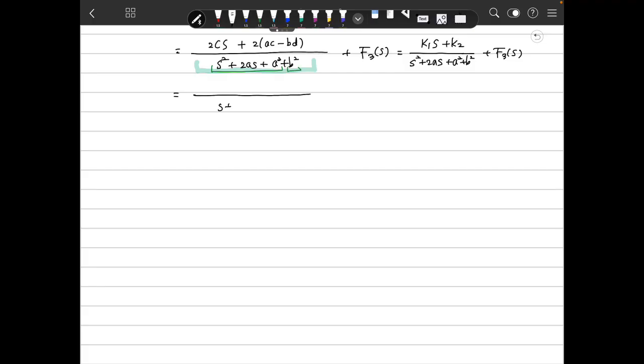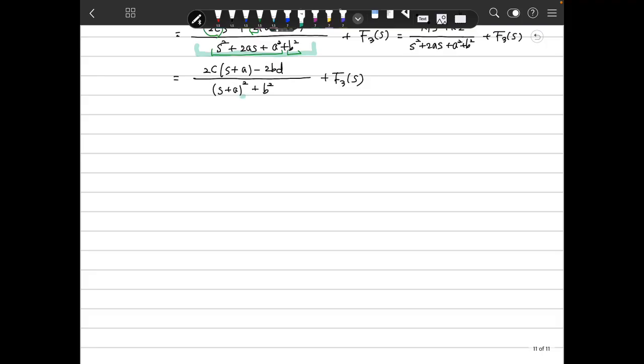So S plus A squared plus B squared, and S plus A minus 2BD, plus F3S.